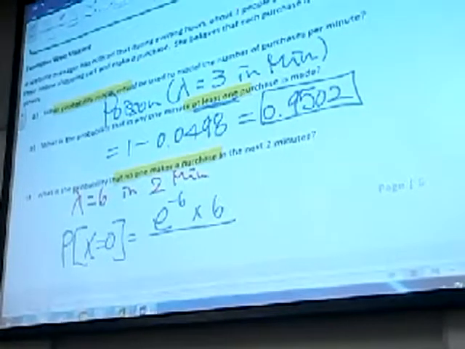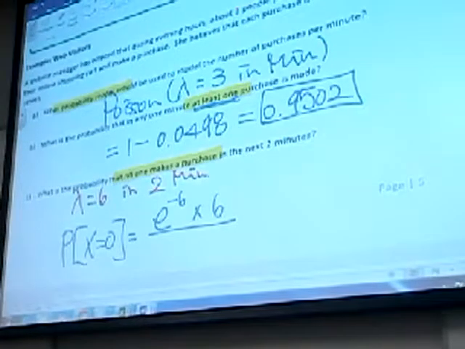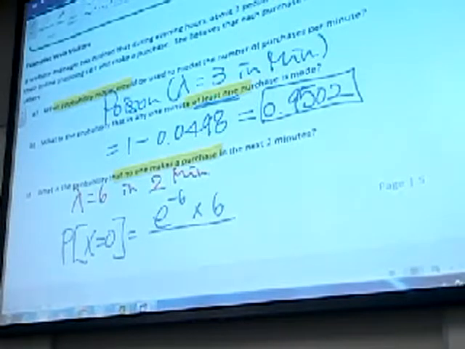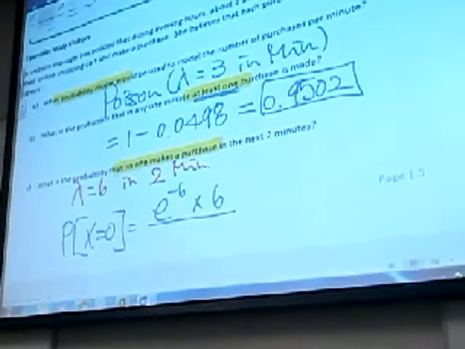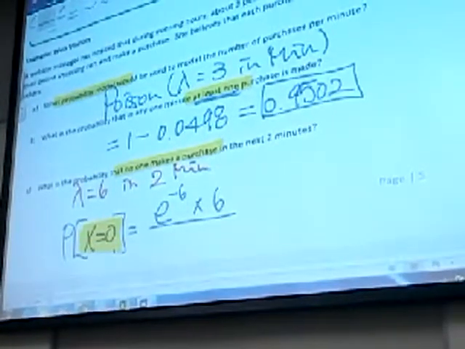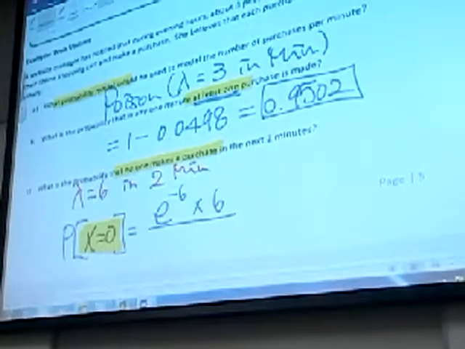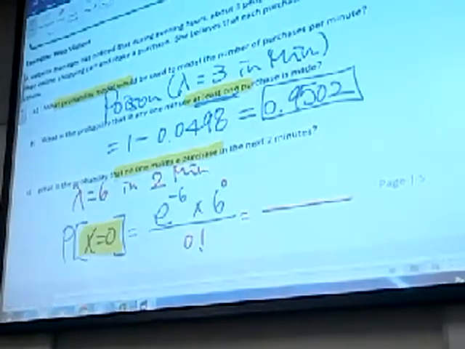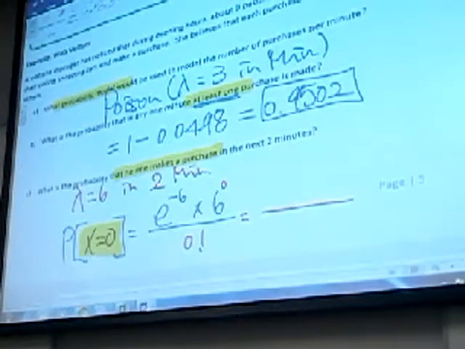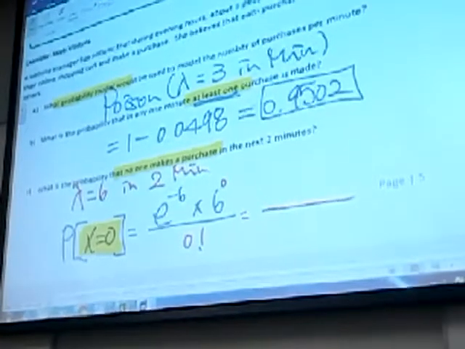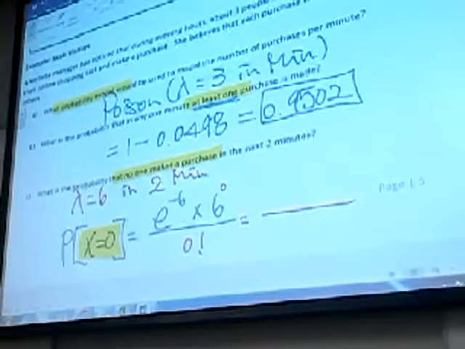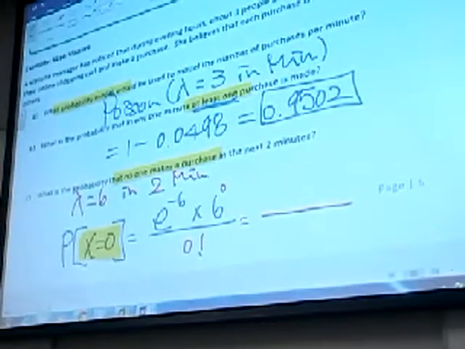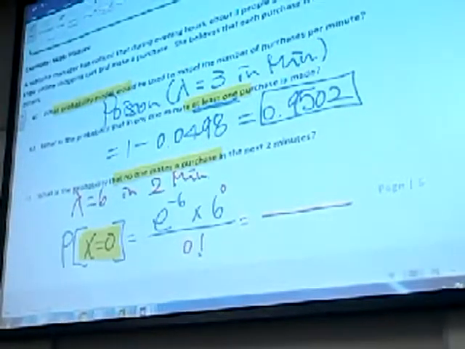How many x? Zero. Oh, sorry, x was 0, and 0 factorial. Can you tell me how much will be e to the negative 6 power? Please do it right now, right here.